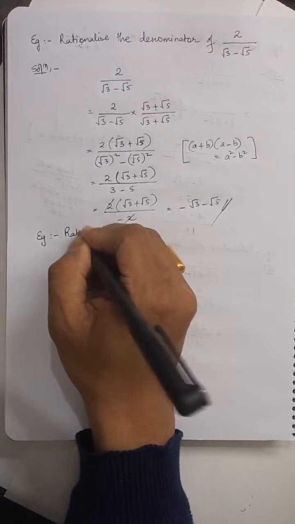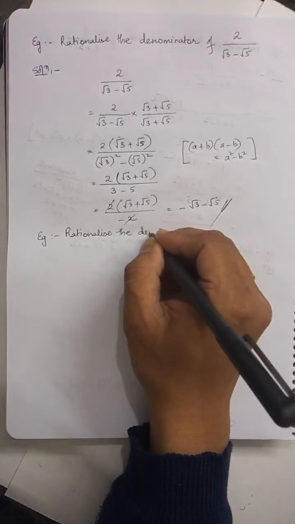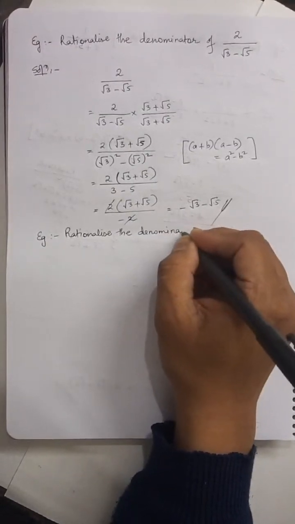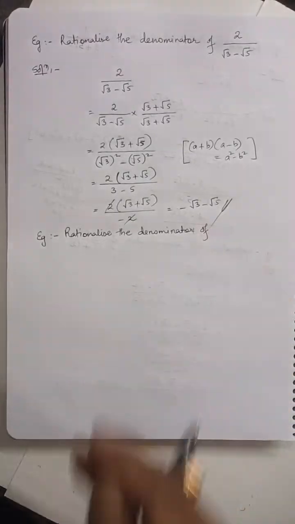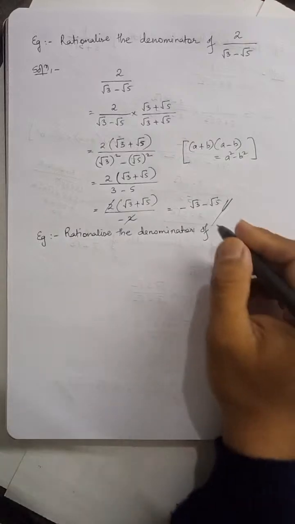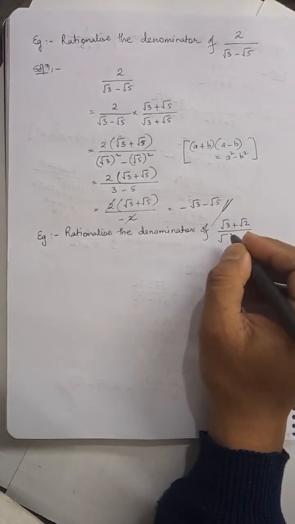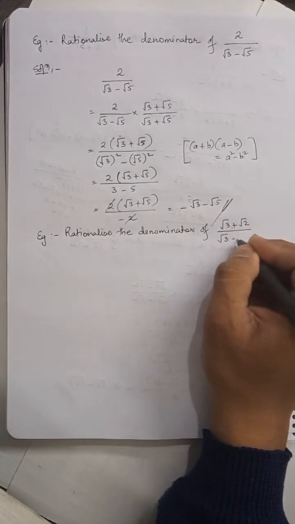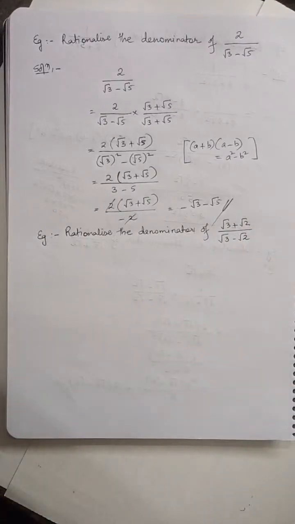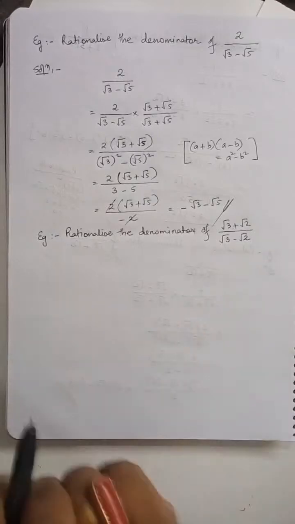So rationalize the denominator of root over 3 plus root over 2 by root over 3 minus root over 2.